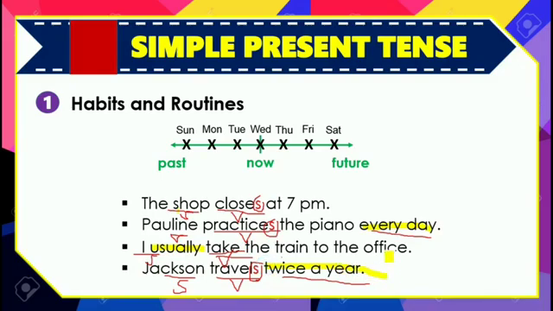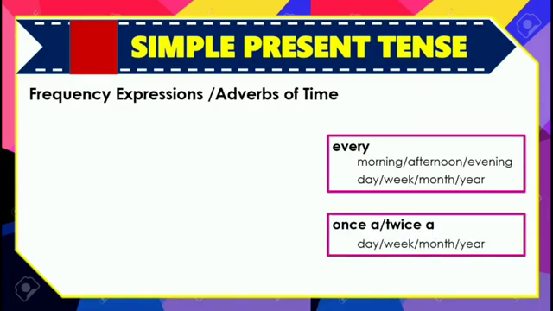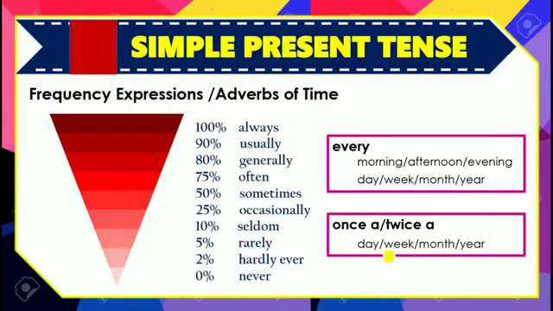When we talk about routines or habits, we normally use these kinds of expressions. Expressions like every, once, or once a day, or twice a day. Adverbs of frequency such as usually, often, sometimes, never, always, generally, and others are very common in sentences with the habitual use of simple present tense.